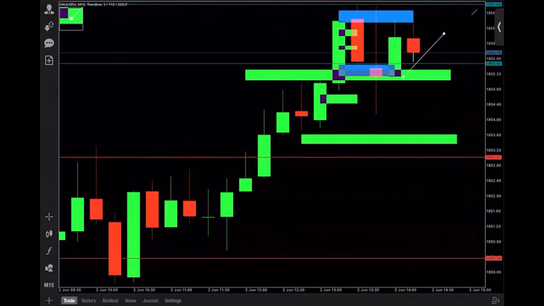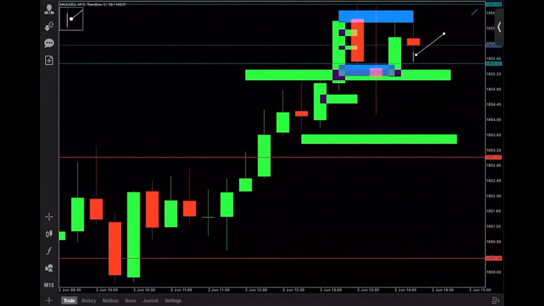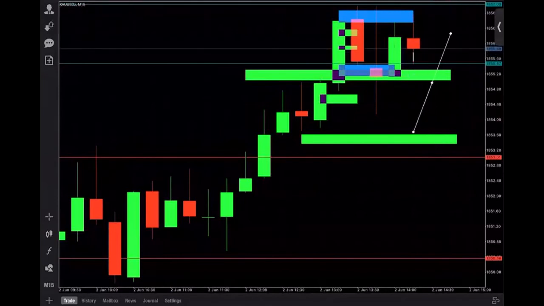So we know that you cannot break this one. If it breaks this one, confirm you go down here and maybe even lower. So even if we are buying, our SL would be here, maximum. But sometimes that one is for big lots. Smaller lots could just put SL here for the confirm close in blue.